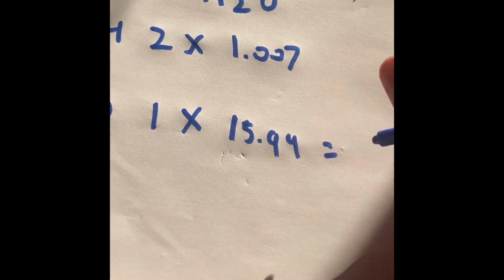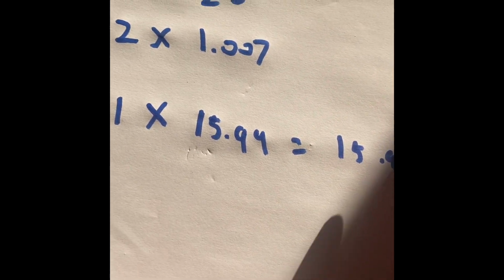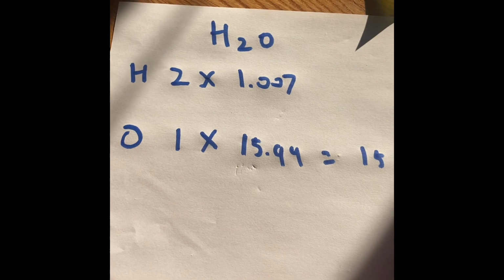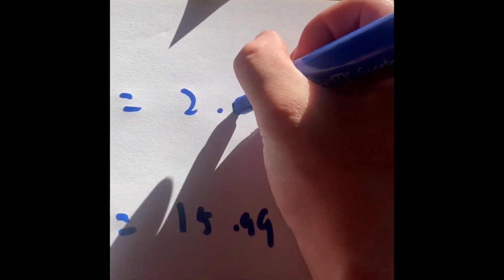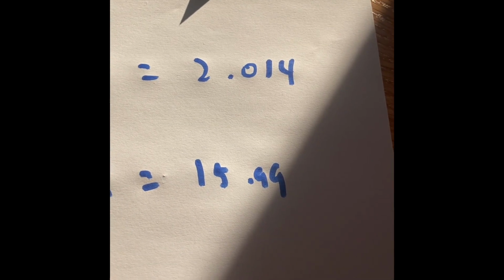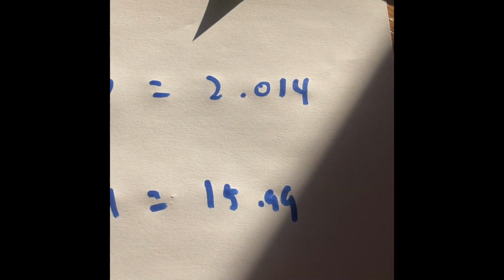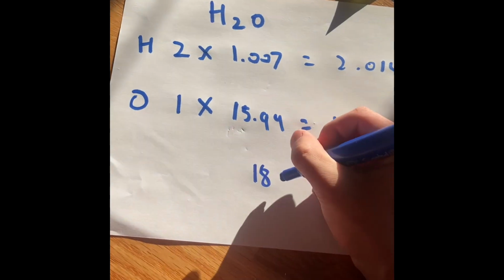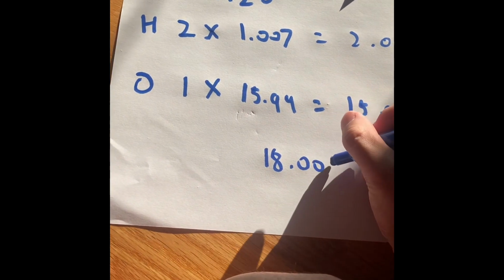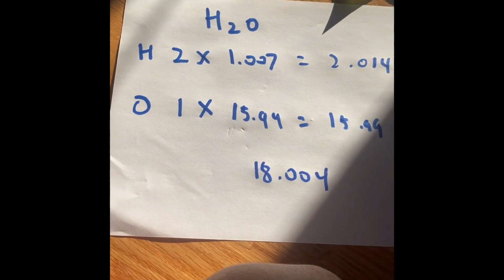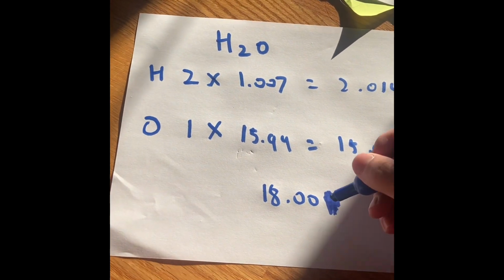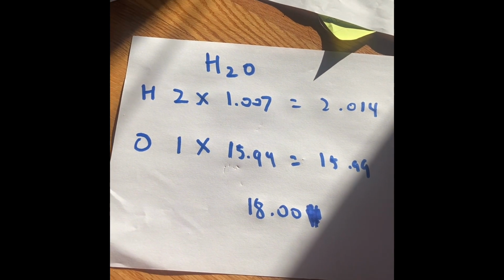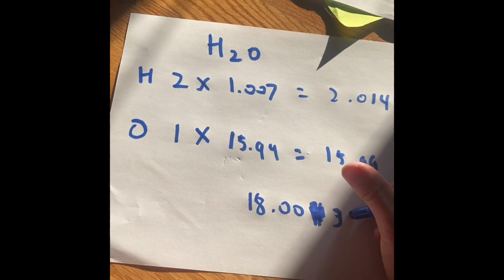For oxygen, it's 15.99, and the total is 15.99 because we're multiplying by 1. Add them up and we get our answer: the molar mass of water is 18.004. We round it to 18.00, which is 18 grams per mole.